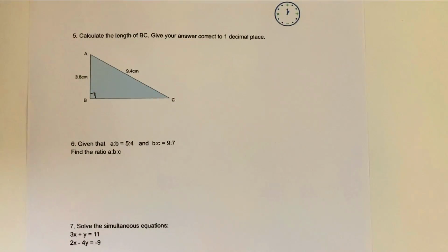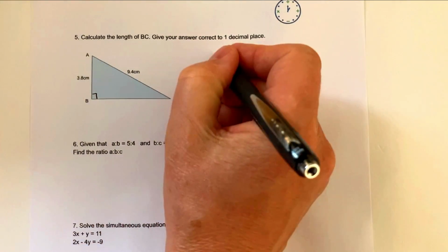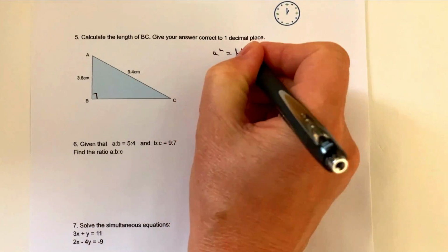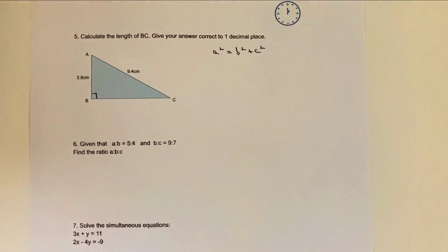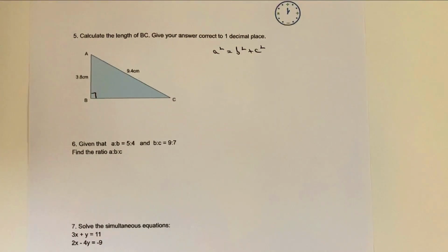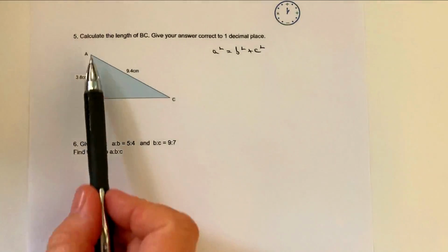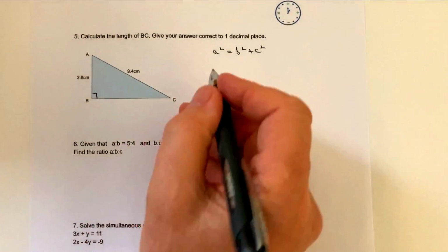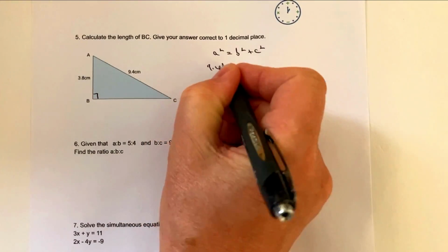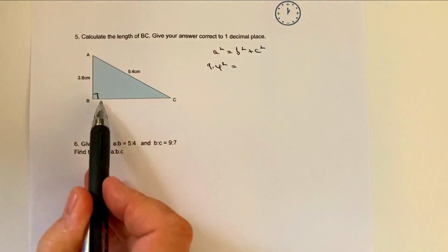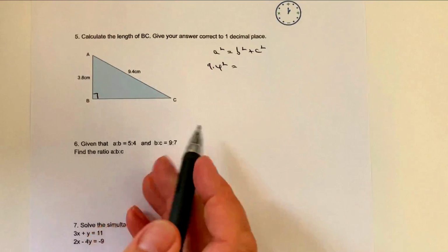And the way I would do it is I would say, well, I'm going to use a squared equals b squared plus c squared. I'm very aware some people say c squared equals a squared plus b squared. Doesn't really matter. What we're basically saying is the hypotenuse squared, which is 9.4 squared, is equal to the sum of the other two sides squared.